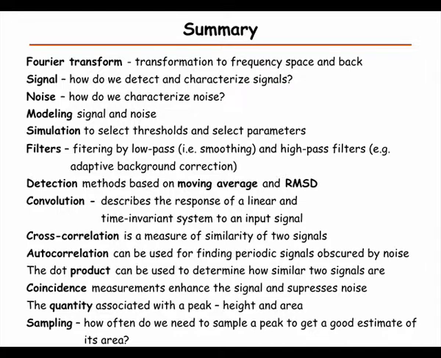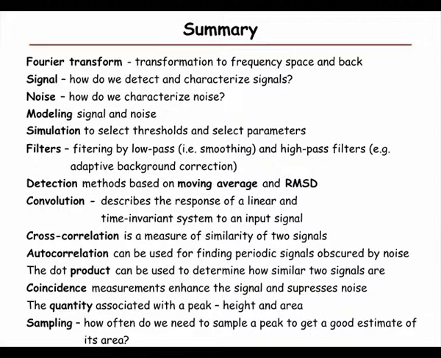We talked about noise, how to characterize it, how to build a model for both signal and noise, and then how to do some simple simulations to select thresholds and parameters. We talked about filters, especially smoothing filters, but also a little bit about adaptive background correction.